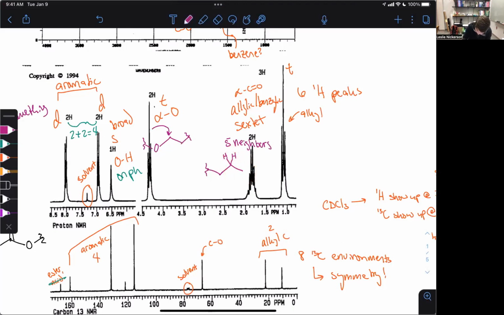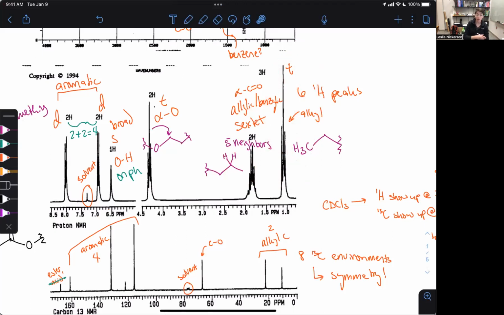And then our triplet over here integrates to 3. So again, we're looking for horses, not zebras. The 3H is most likely going to be a methyl, so we're probably going to have a CH3. And because it's a triplet, that means it has 2 neighbors. So we probably have that, where this CH3 is giving us that triplet peak.